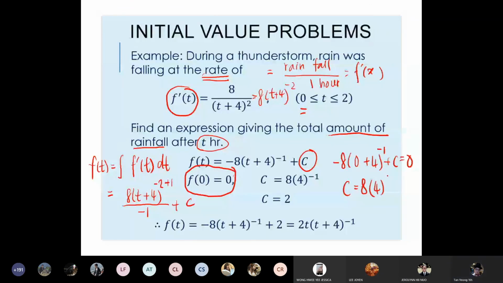Then we solve this, and we get that c is 2. So now we have the function to calculate the total amount of rainfall after t hours. It will be this thing plus c, replacing the c with 2. Now when we simplify this, we will get this one.